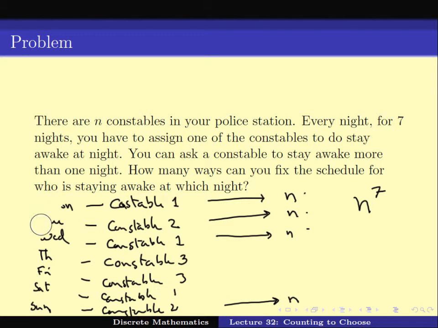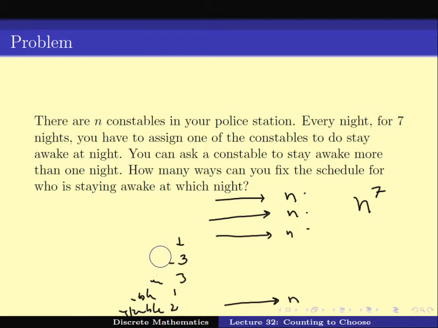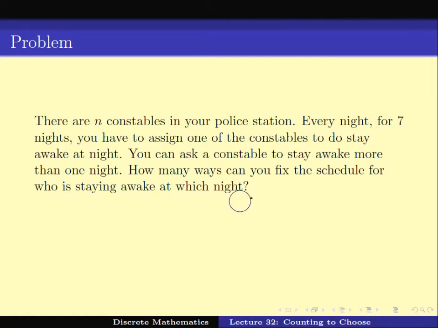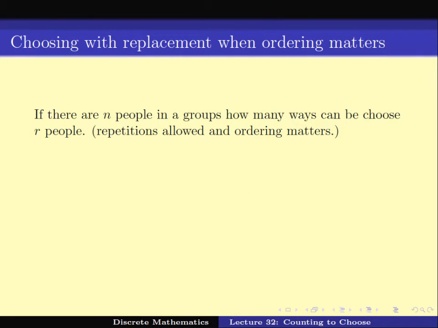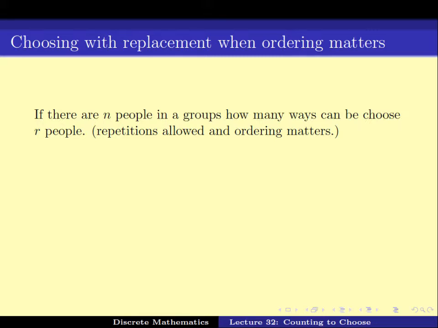Right? So this is a very simple observation, and in fact this falls under a general problem which basically asks the question: if there are n people in a group, how many ways can you choose r people? Repetition is allowed and ordering matters. Now let's see how the earlier problem matches here. In the earlier problem I had n constables and r was 7.